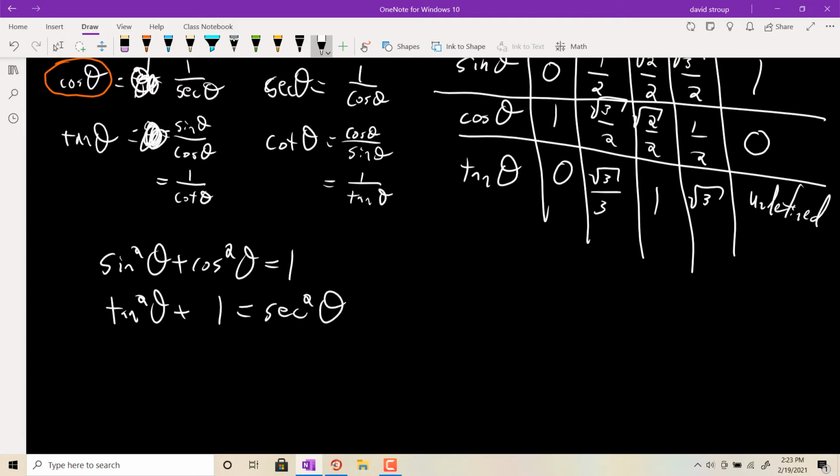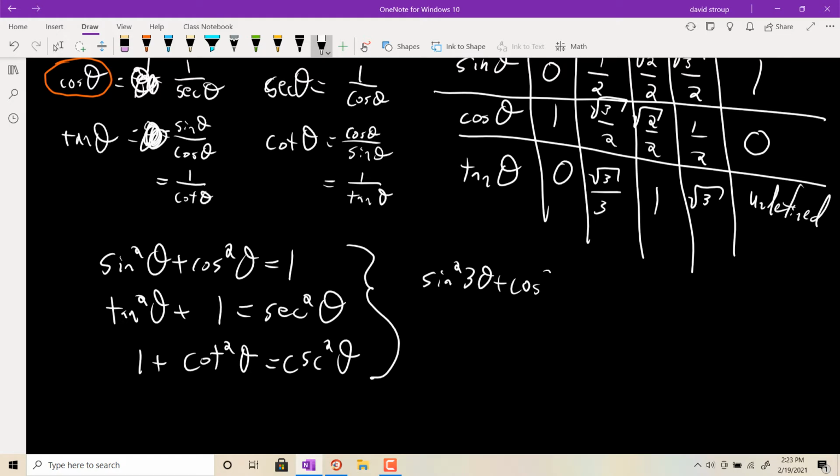If you divide the original identity by sine squared, then you get 1 plus cotan squared theta equals cosecant squared theta. So those three, but you also have to know stuff like sine squared 3 theta plus cosine squared 3 theta is also equal to 1. So this is true for any angle.